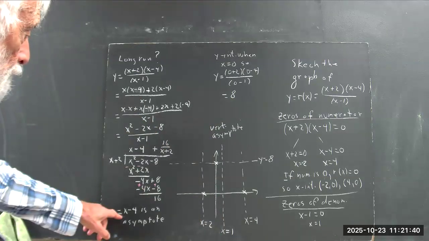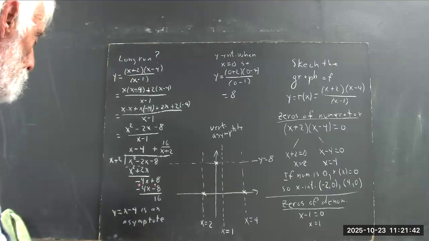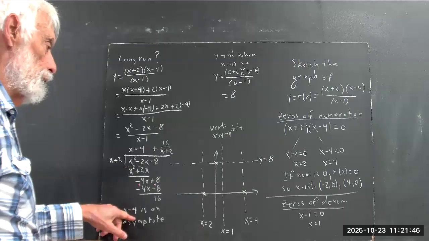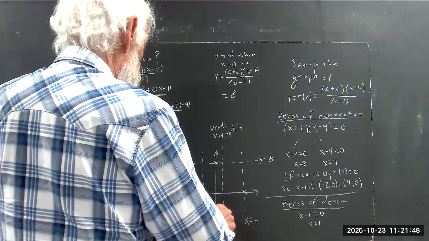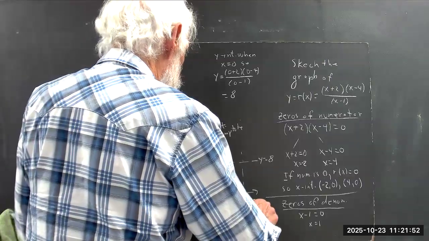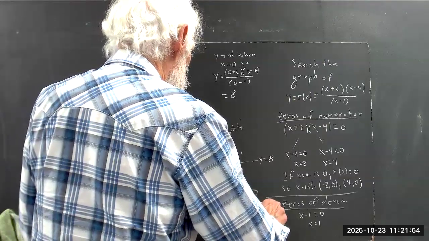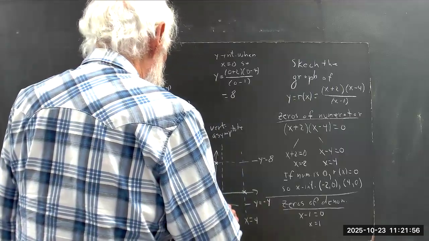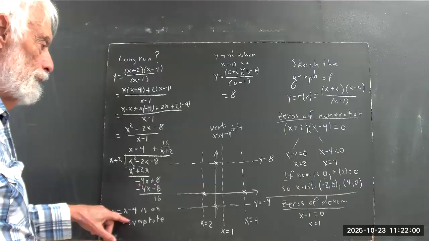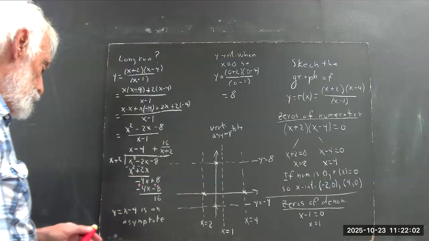Okay. Now y equals x minus 4. Well, let's see. The y-intercept would be negative 4. So we got y equals 8 here and y equals negative 4 probably go about here. And that would be the y-intercept of this asymptote.